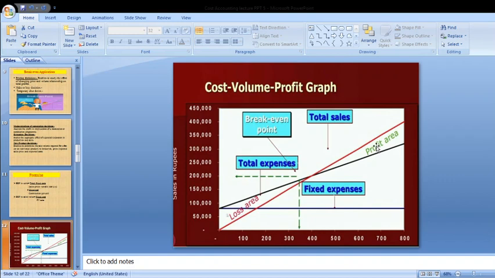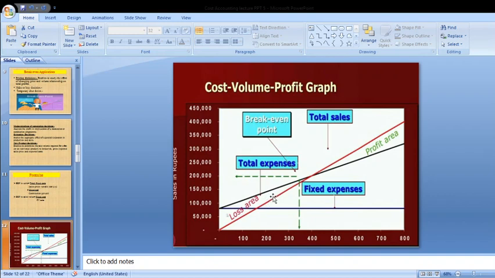Once you cross break even, every extra contribution you earn is all your profit, because fixed costs are now covered. So profit can go on increasing and increasing, but the loss area is actually limited.